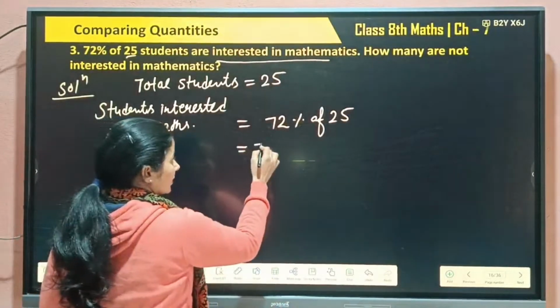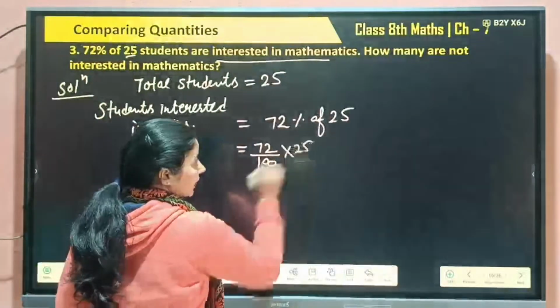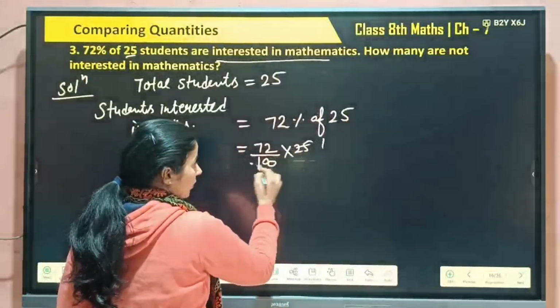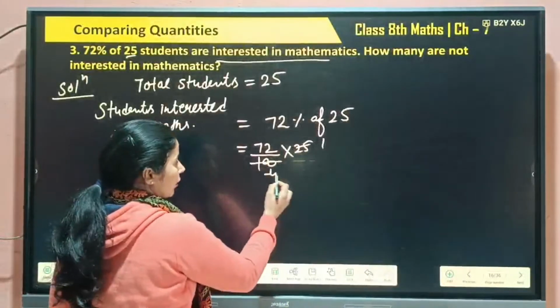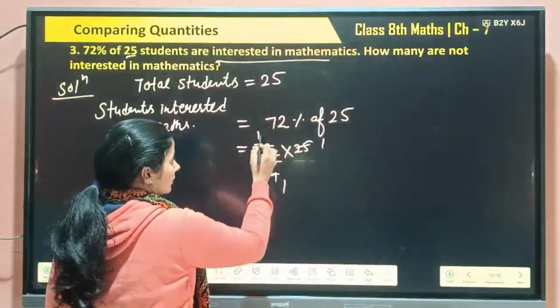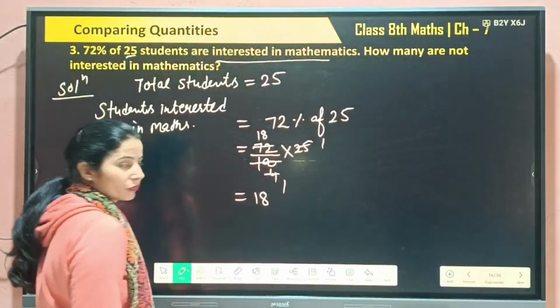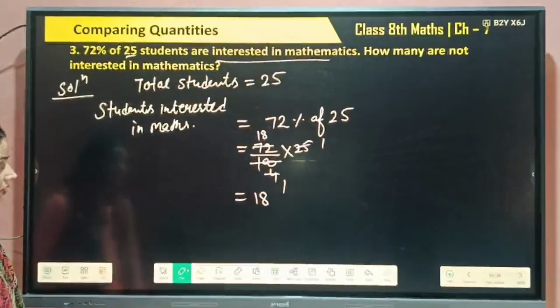So it will be 72/100 into 25. 25 is 25, 25 4 is 100. Now 4 1 is 4. Further 4 1 is 4. 4 8 is 32. So there are 18 students out of 25 who are interested in maths.